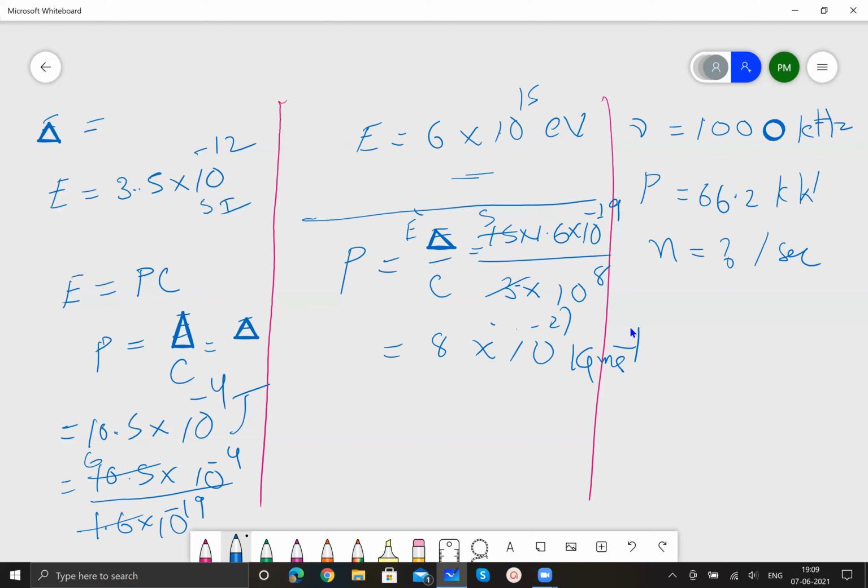Power is given. Power is equal to energy by time. Very good, excellent. So whatever you are telling, I am putting as a step. Power is equal to energy by time, and here frequency is given.